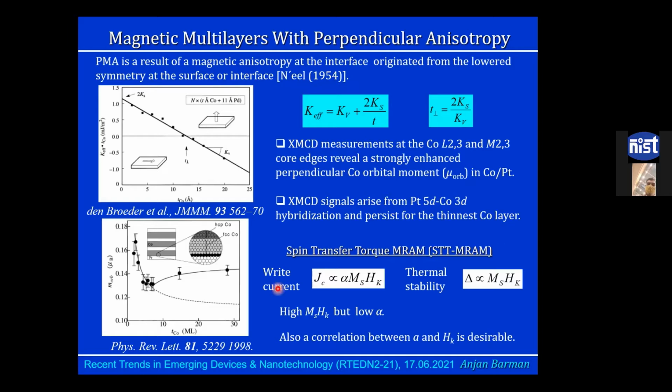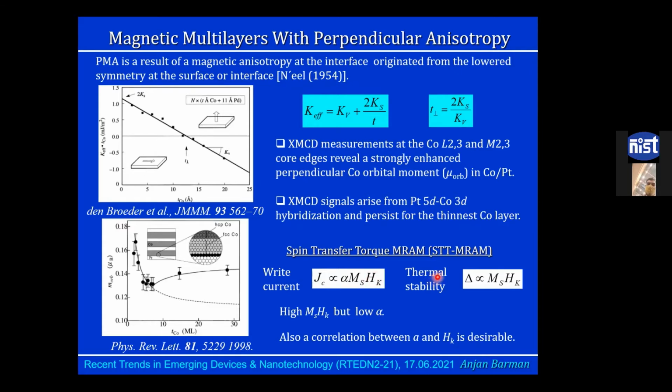The problem was that as you reduce the bit size, the anisotropy increases and the write current increases. You can see that Jc, the write current, is proportional to alpha, the Gilbert damping, times Ms, the saturation magnetization, times the anisotropy. So it is indeed proportional to the anisotropy.